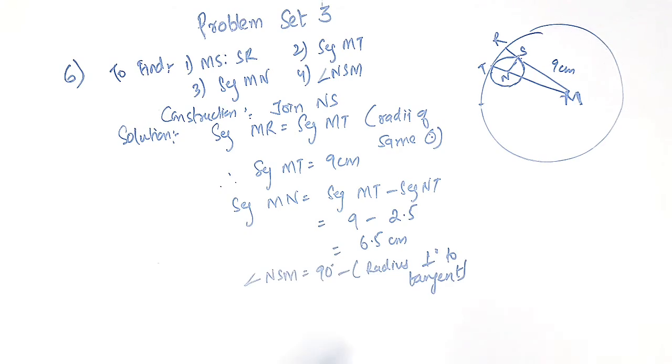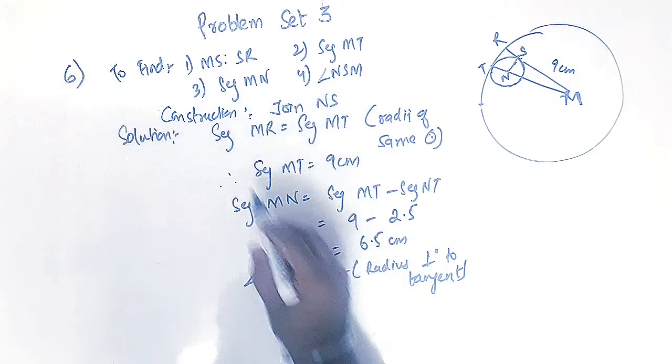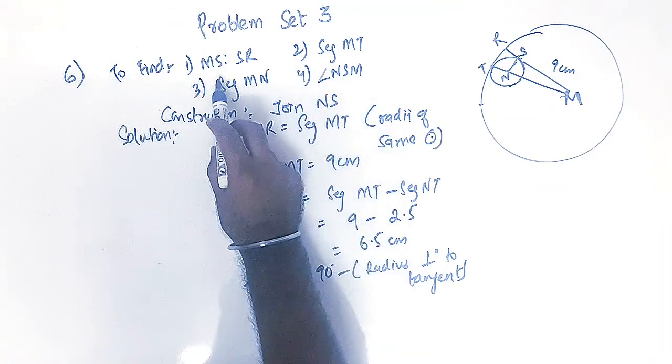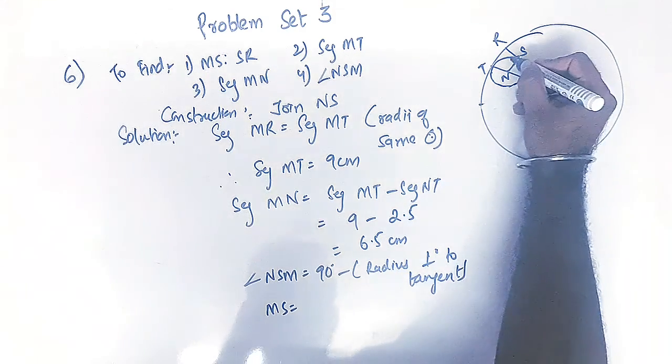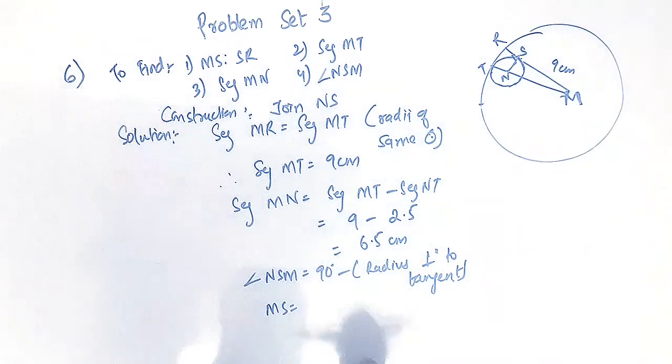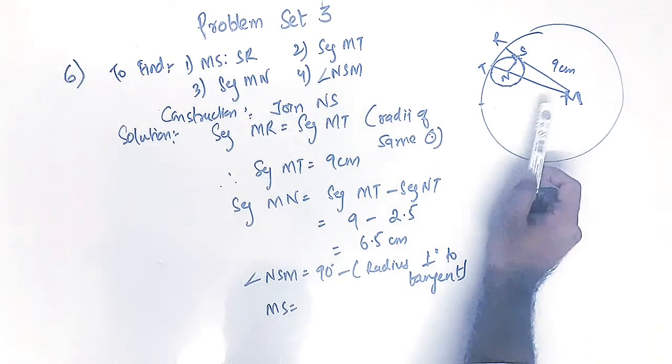Now we have to find MS is to SR, which is very simple. I'll first find what is MS. I need to find what is NR here.